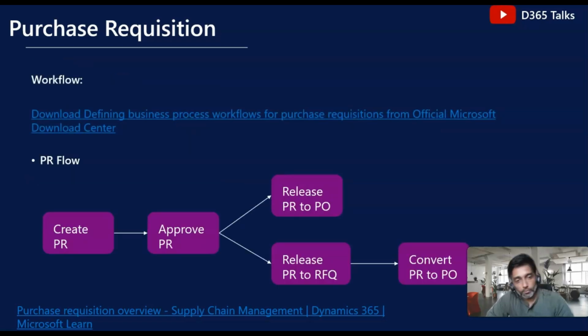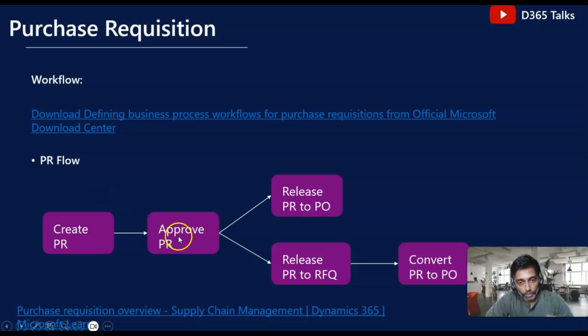Let's imagine that once it is approved, the purchase requisition can be directly converted into a PO, or it can be converted into an RFQ where you float the RFQ to multiple vendors, get the quotes and bids, select the appropriate vendor, and then the RFQ will be converted. The RFQ price, whatever you got, will be updated back into the PR and it gets converted into a PO. So as far as the purchase requisition flow is concerned, we have two business paths.